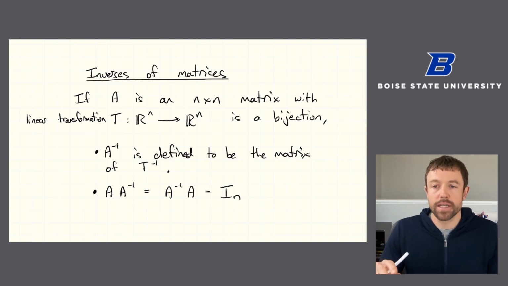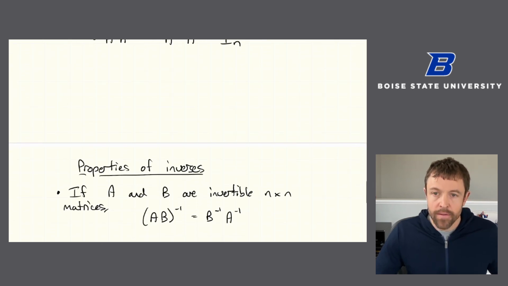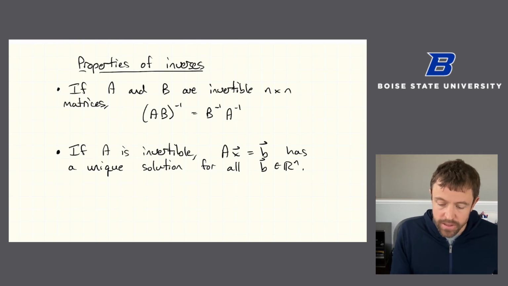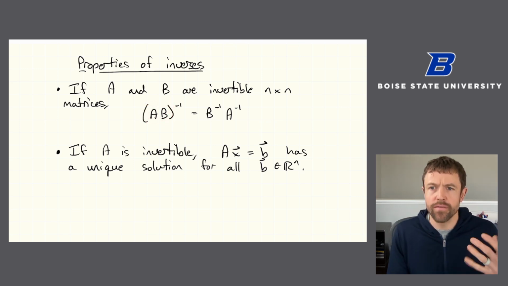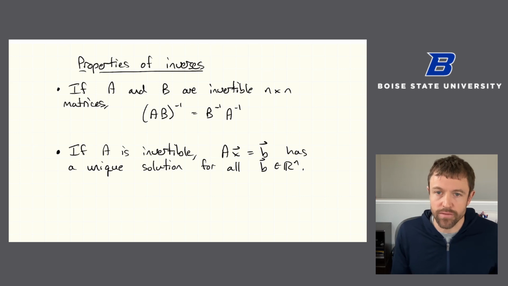I'm only going to present two right here. One of them is just real quick. The first property is that when we have two invertible matrices, if we multiply them, we'll get another invertible matrix. An invertible matrix is just a matrix that corresponds to a bijection, an invertible linear transformation.